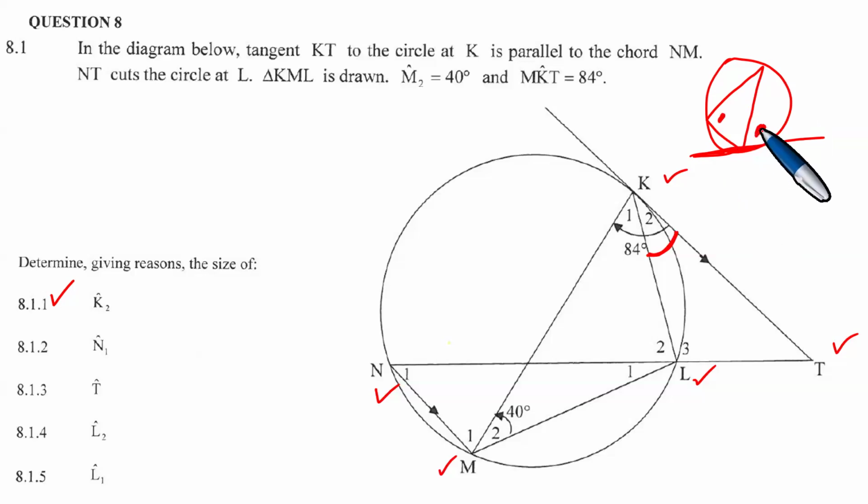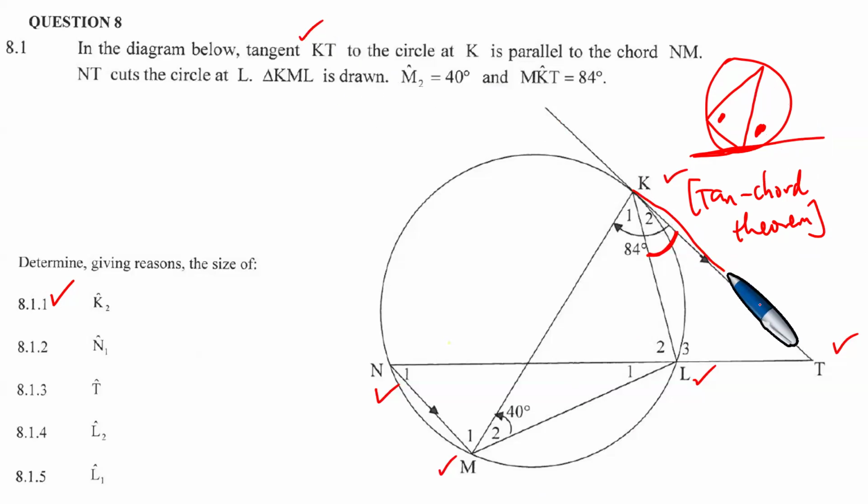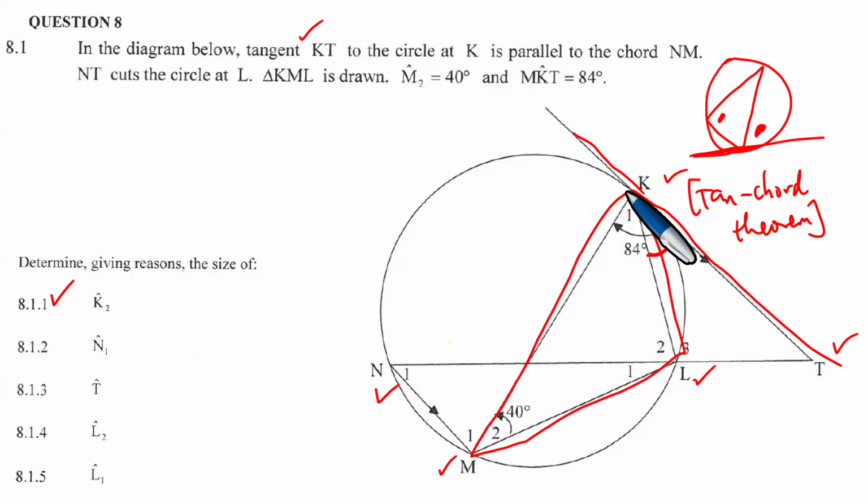Because there's a tangent and a chord, it is called the tan chord theorem. There's a tangent KT like this, and this angle that sits here is equal to the angle that sits there.